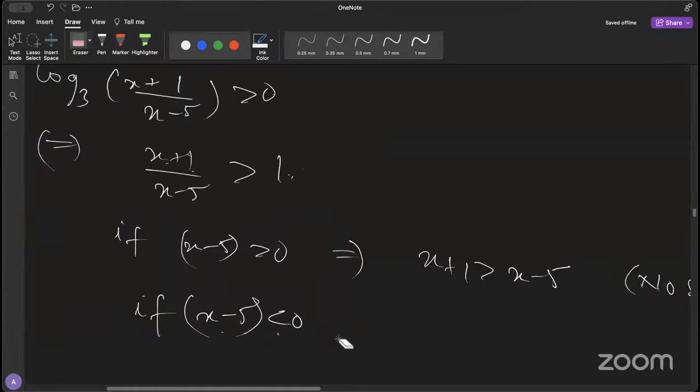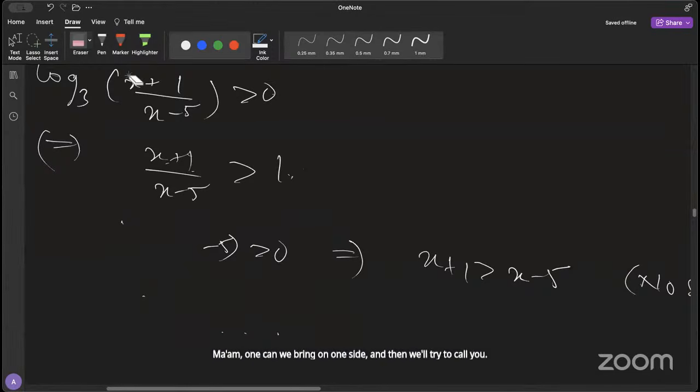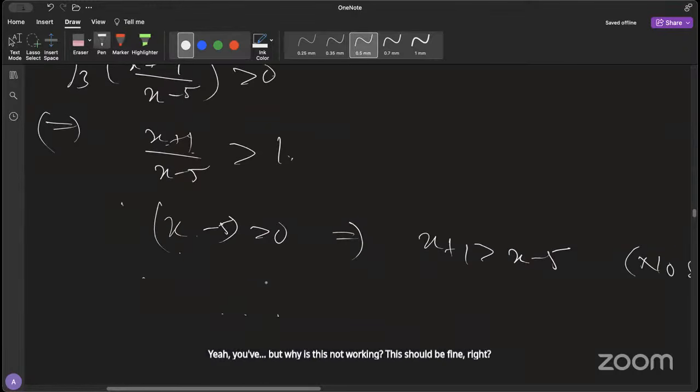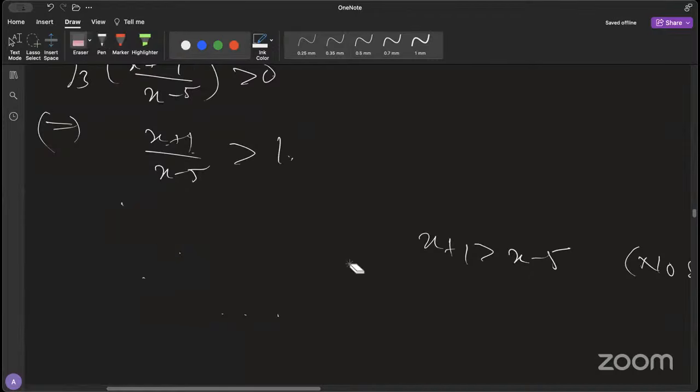Ma'am, can we bring 1 on one side and then try to solve? But why is this not working? This should be fine, right? Ma'am, it's working.